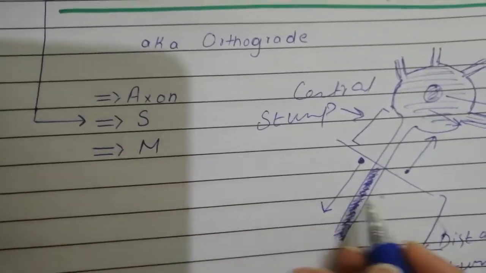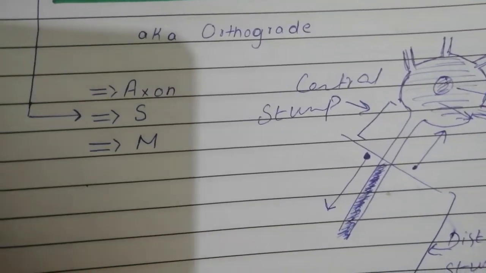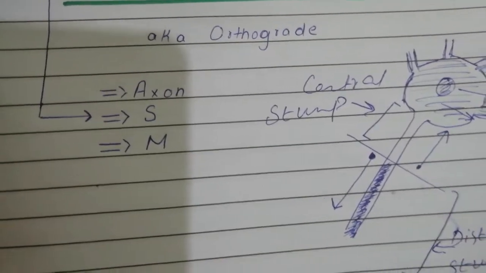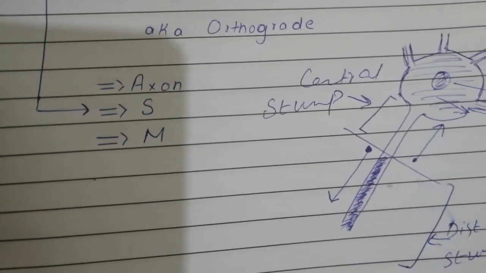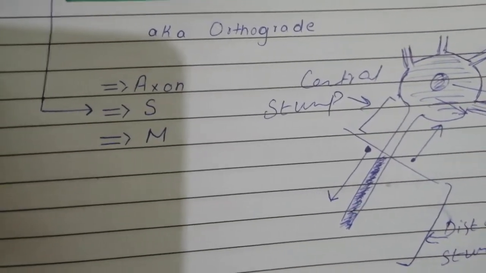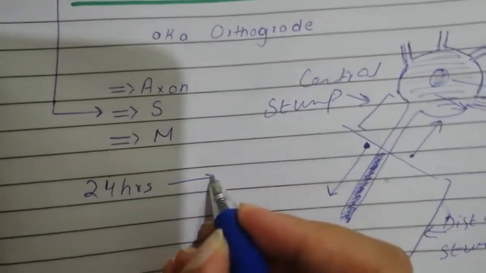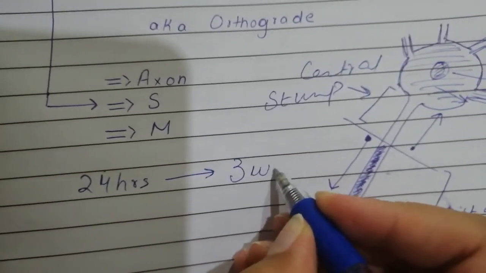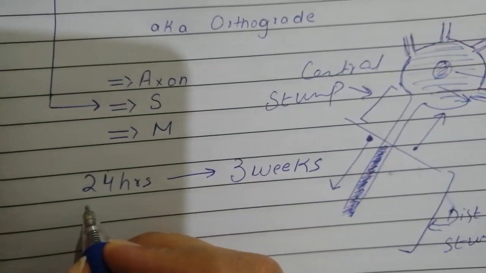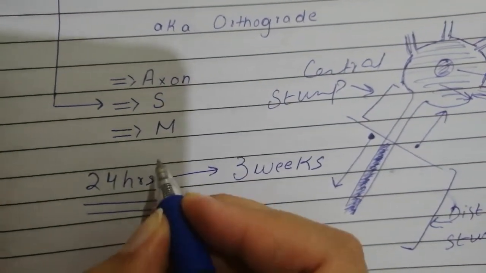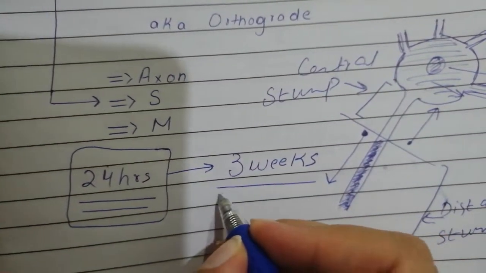Anyways, so after the injury, degenerative changes begin quite promptly, right? They actually begin immediately, but they become manifest, meaning apparent, in 24 hours, and the degenerative changes are completed by about 3 weeks.